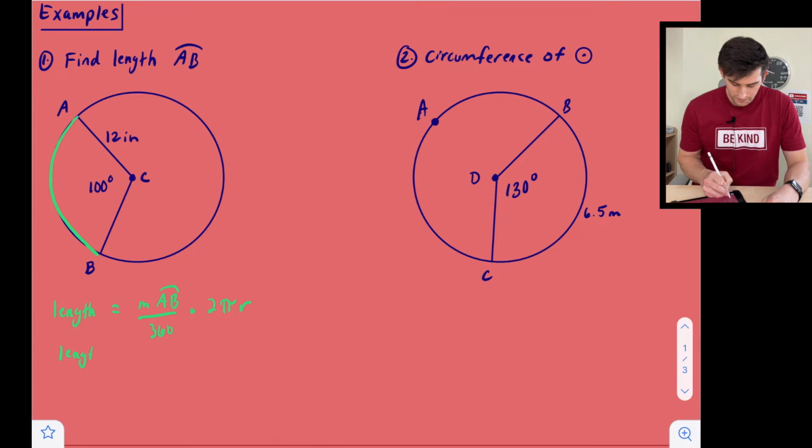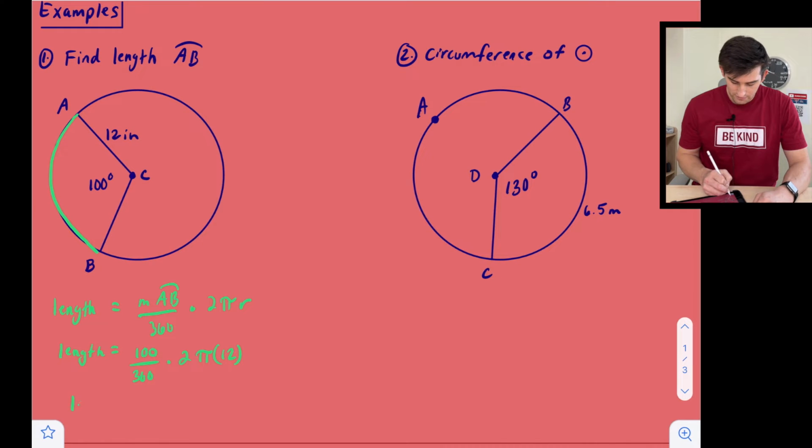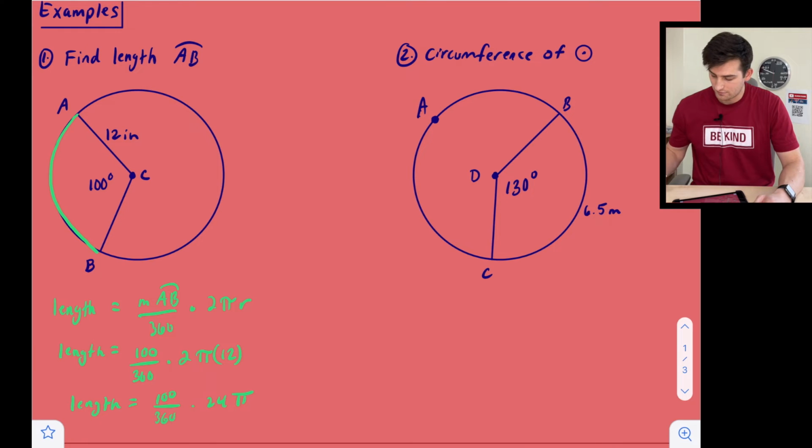The measure of our arc is 100 degrees, so we do 100 divided by 360 times 2 pi, and our radius here is 12. So we put 12 right there. Now we have length equal to 100 over 360 times 24 pi.